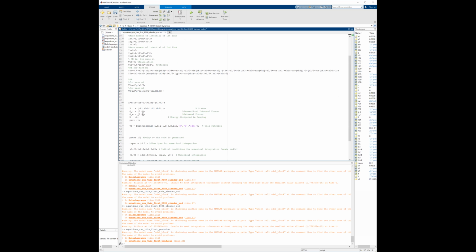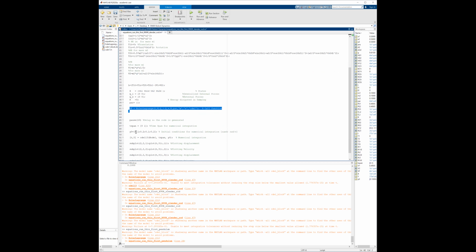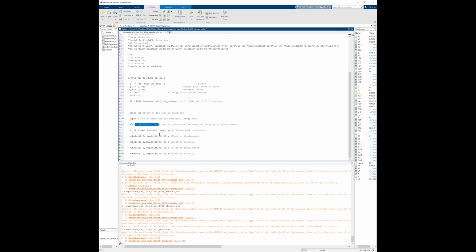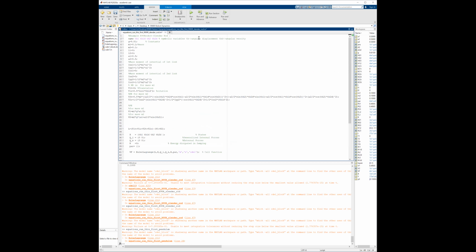Again, zeros, 2 degrees of freedom, that's why 2 zeros. R is equal to 0. No parameters. We would invoke the Euler-Lagrange equation. Then the time span. I'm gonna supply some initial conditions and then plot the plots. And let's see if this code runs.